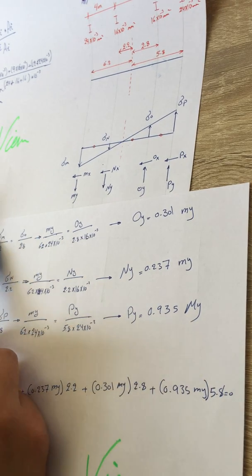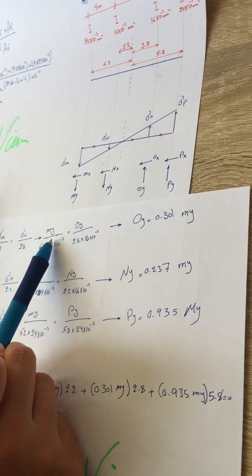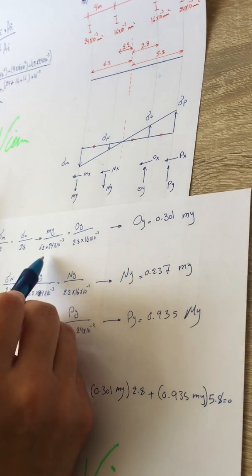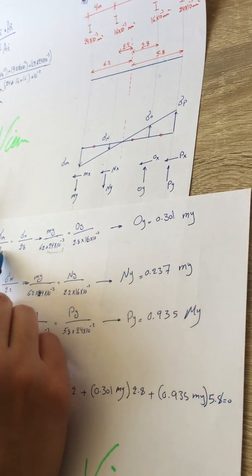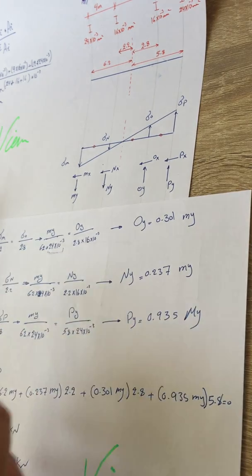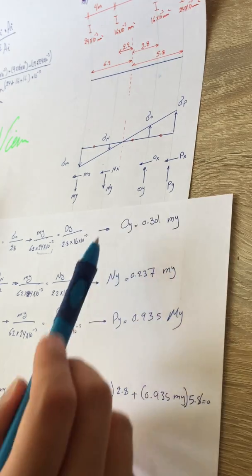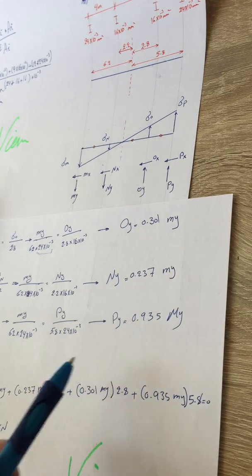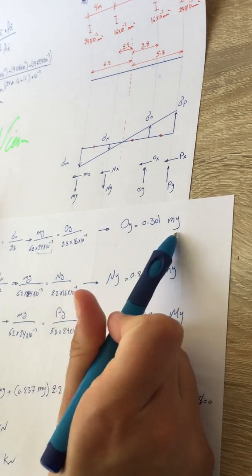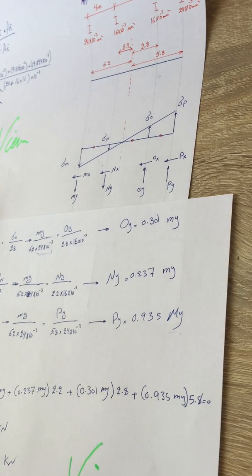So stress on M is going to be My divided by the area. Here's the area. We still have this distance, and the same for the stress on O. So we get this relation. All these relationships are in terms of My. It's going to be easier to solve, and you'll see how.